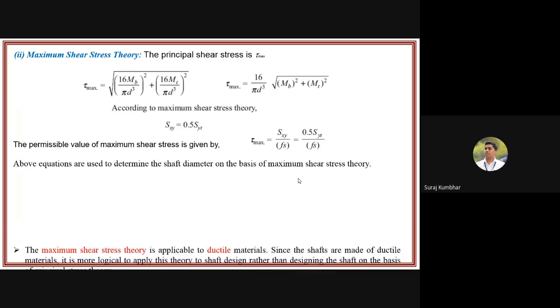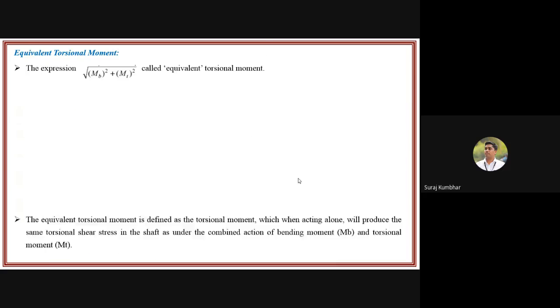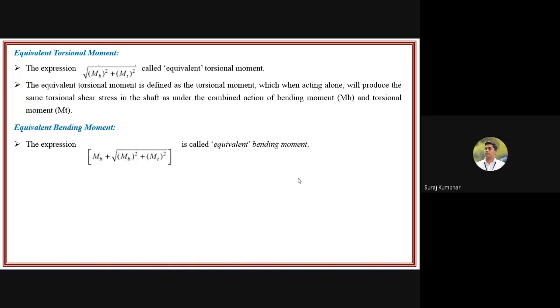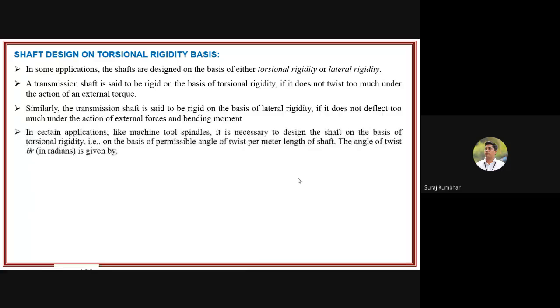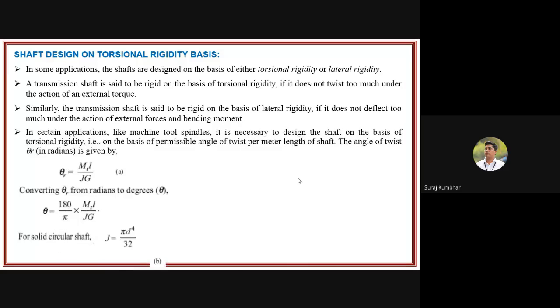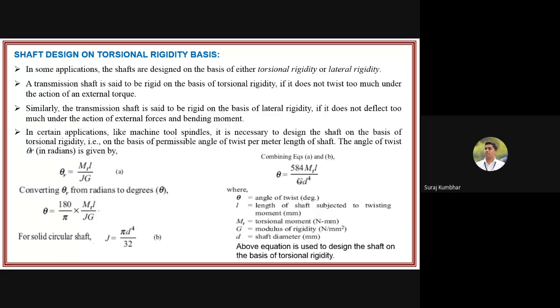These are the various formulas, and then the equivalent torsional moment, equivalent bending moment, and the design of a shaft on the basis of torsional rigidity. So all these things we have covered today. These formulas are the most important ones, and you have to use them for solving problems based on the design of a shaft.